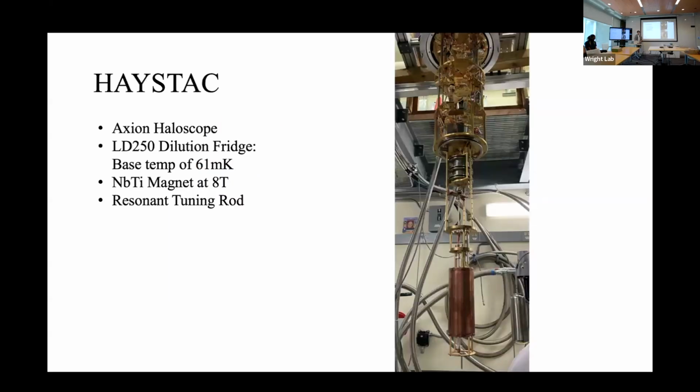HAYSTAC is the previous version of ALPHA, and it's one experiment that uses a haloscope. It uses an LD250 dilution fridge that has a base temperature of around 61 millikelvins and a niobium titanium magnet at 8 teslas. Its main mechanism involves a piezoelectric motor that acts as a tuner for different resonant frequencies of the haloscope.